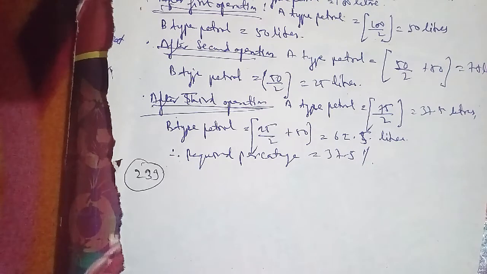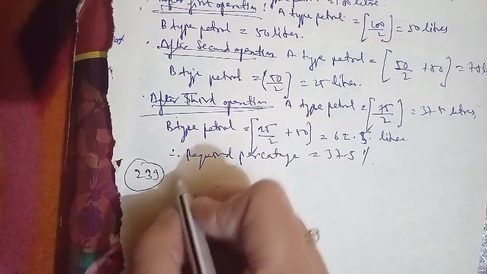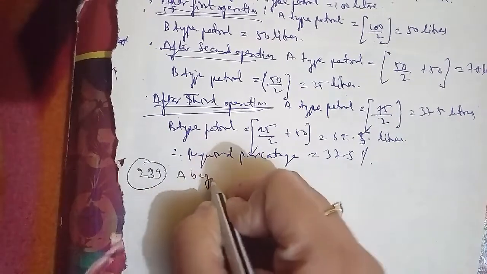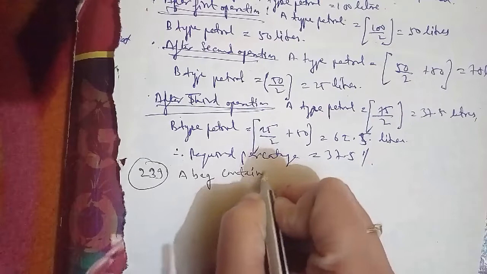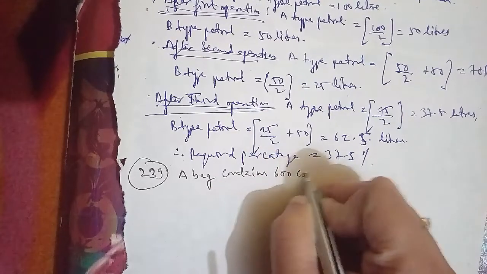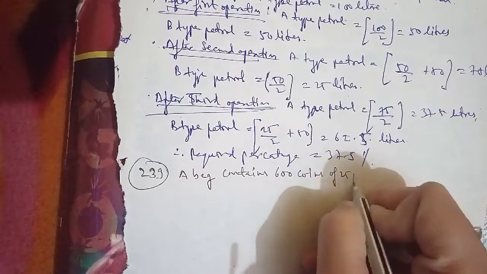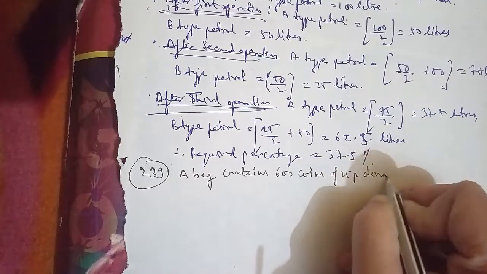If 12% of 25 paise coins and 24% of 50 paise coins are removed, the percentage of money removed from the bag is nearly.